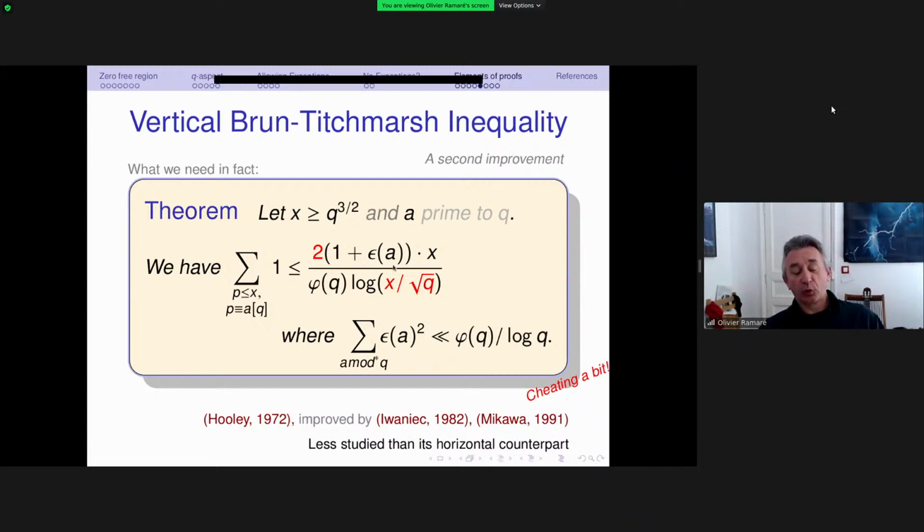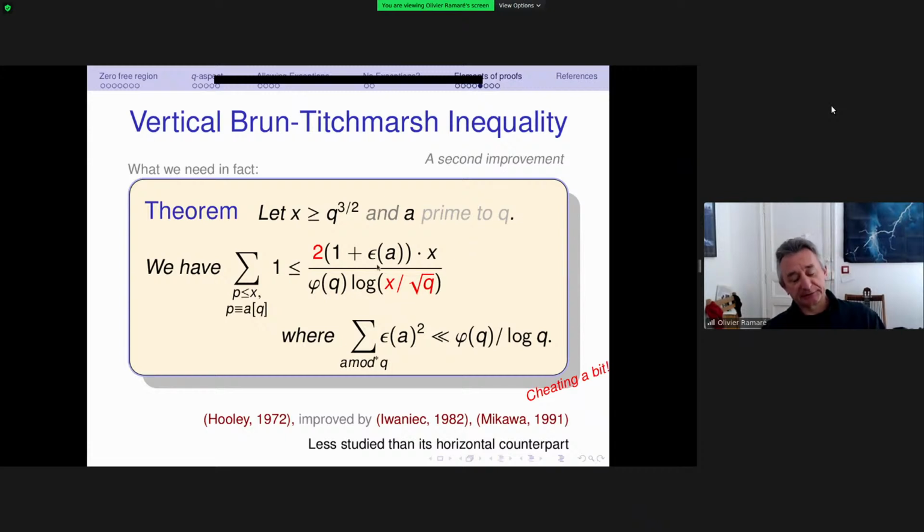For almost all a, that's what this inequality tells you here, it's almost all. And for x as small as q to the 3/2, the proof is simpler than the earlier ones. So we can make it completely explicit and with rather decent constant.